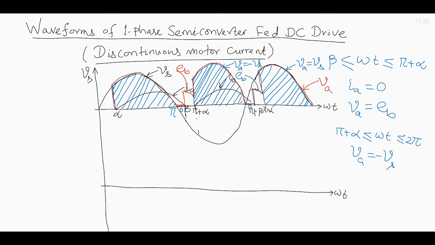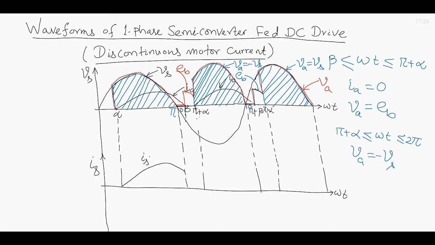So, next we will draw the supply current waveform. From alpha to pi, conduction interval. So, source current I S equals I A from alpha to pi.